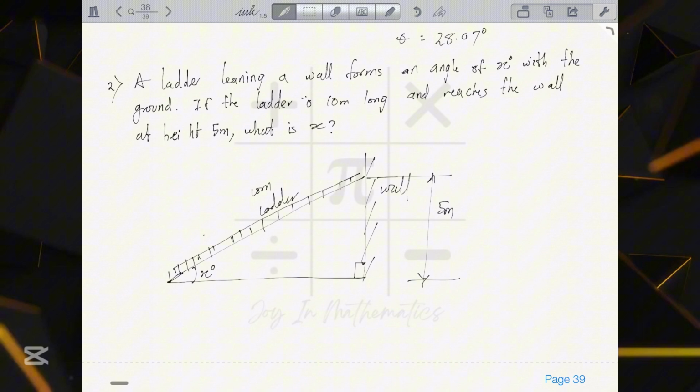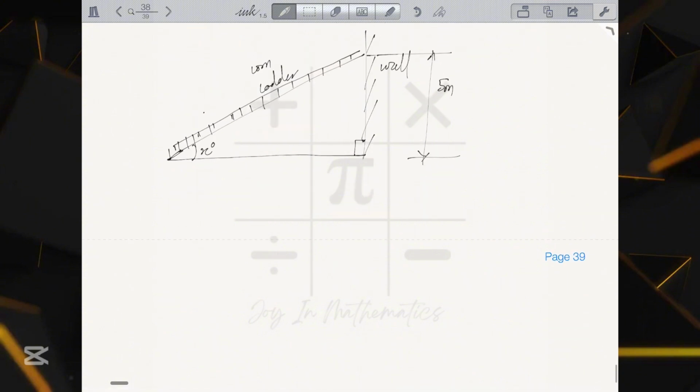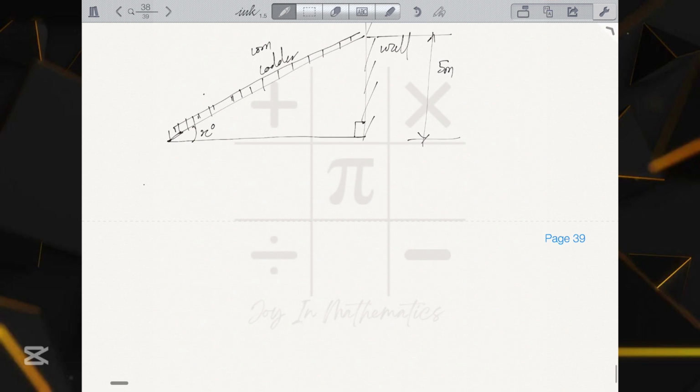So with this, we can just draw a simple diagram that depicts this. This is a right angle triangle with angle x degrees.